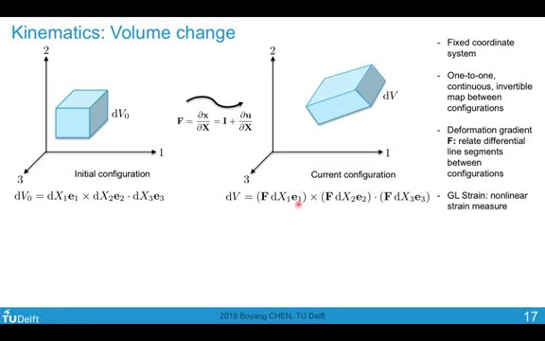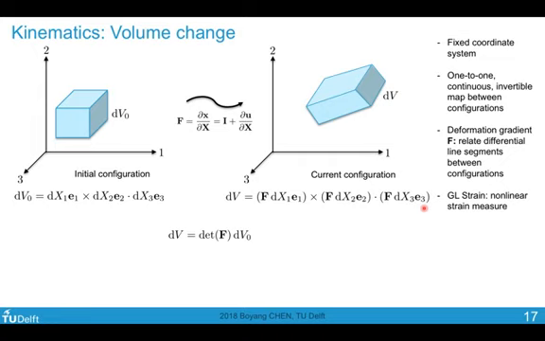Then the first one gives you the first column of F, the second gives you the second column of F, and the last gives you the third column of F. When you take the first column of F and cross product with its second column, and then dot product with its third column, you obtain the determinant of F. So you can do this exercise yourself and verify that dv can be expressed as the determinant of F, the deformation gradient, times dV0.